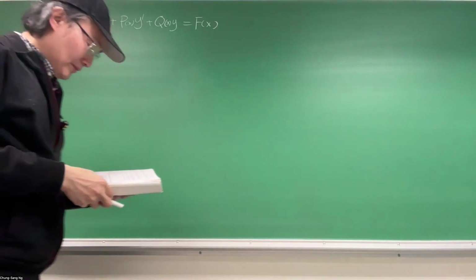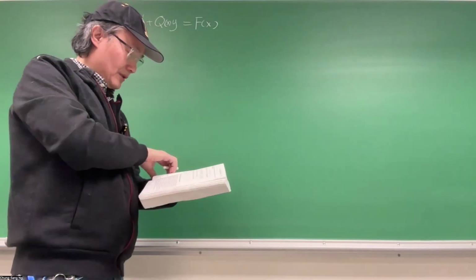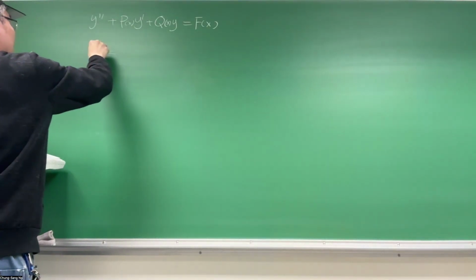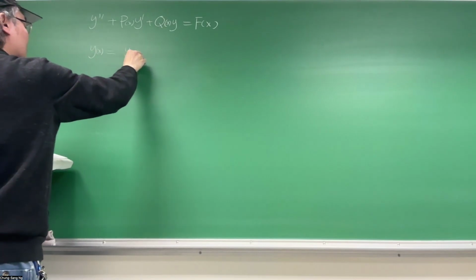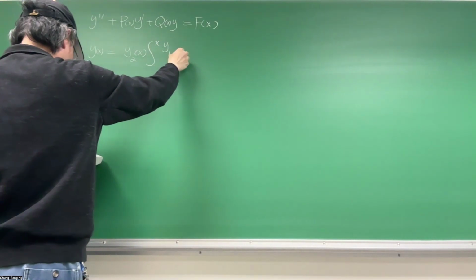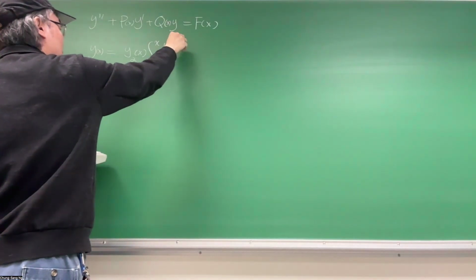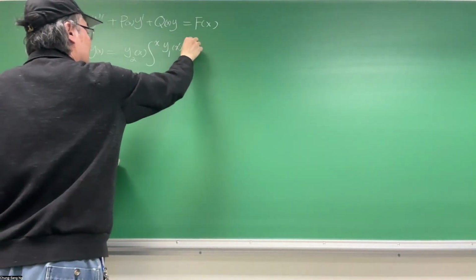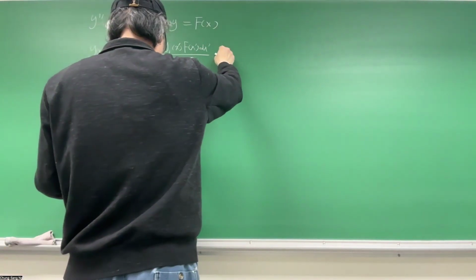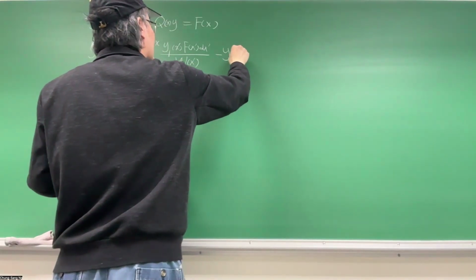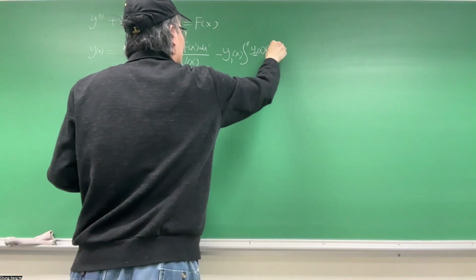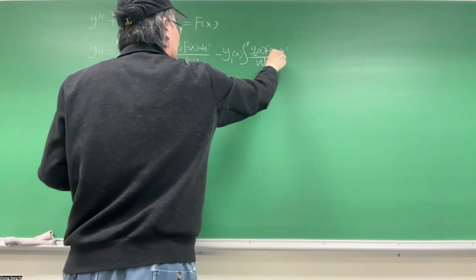So using the form in exercise 7.7.1, because strangely your textbook didn't write down the formula, but anyway, the form is y sub 2 of x, integrate over x prime, y sub 1 of x prime, f of x prime, dx prime, divided by the Wronskian, minus y sub 1 of x, integrate y sub 2 of x prime, f of x prime, dx prime, over the Wronskian.